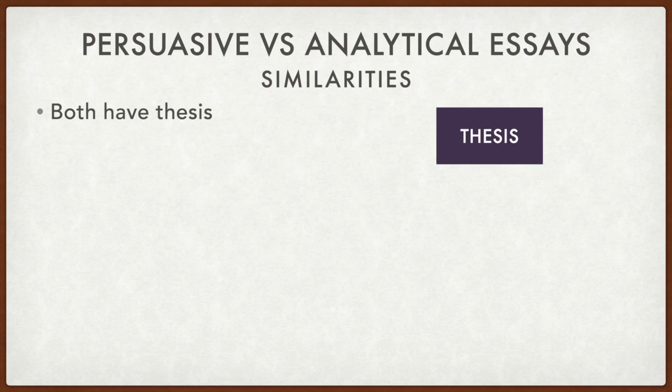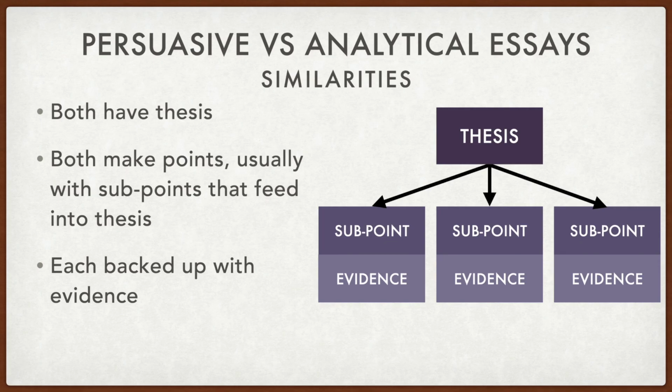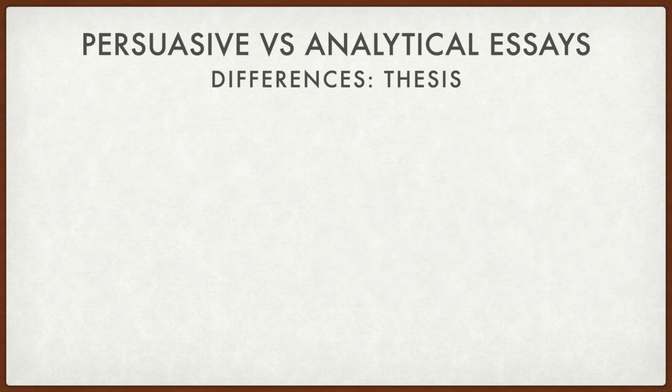Both of them have some kind of thesis, and both of these are making points, usually with sub-arguments that feed into the thesis. And of course, usually they're backed up by evidence. Now let's look at these two types of thesis and see what it is that they don't have in common.